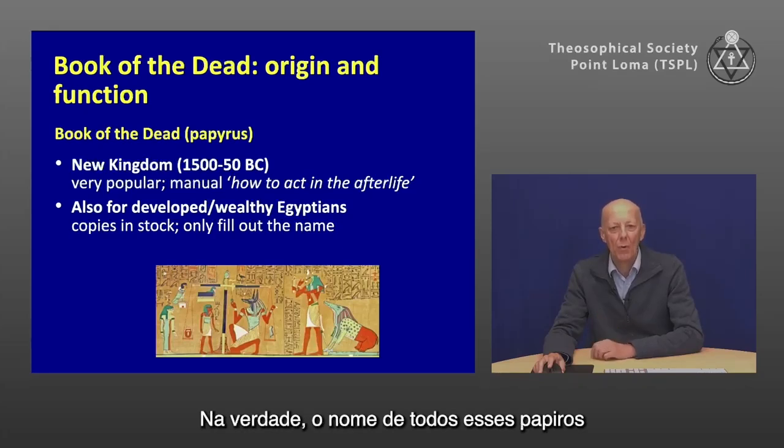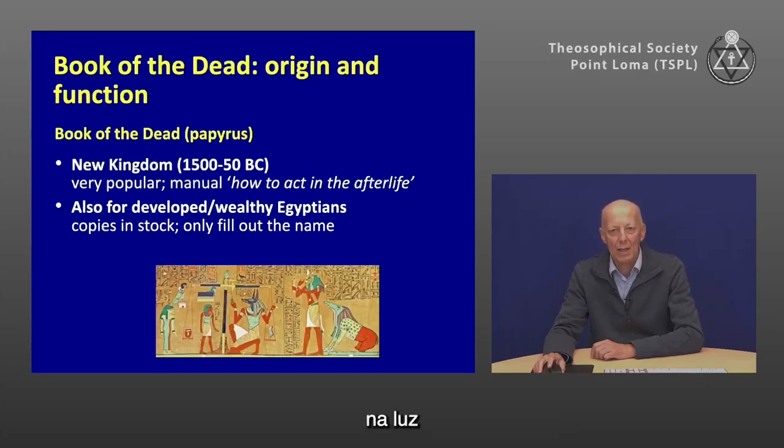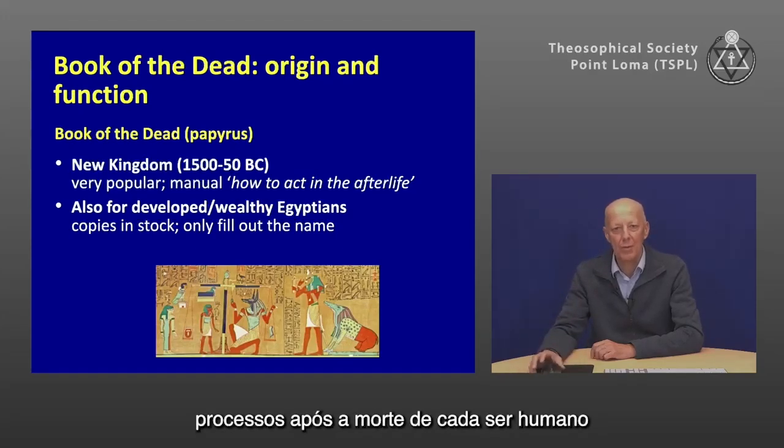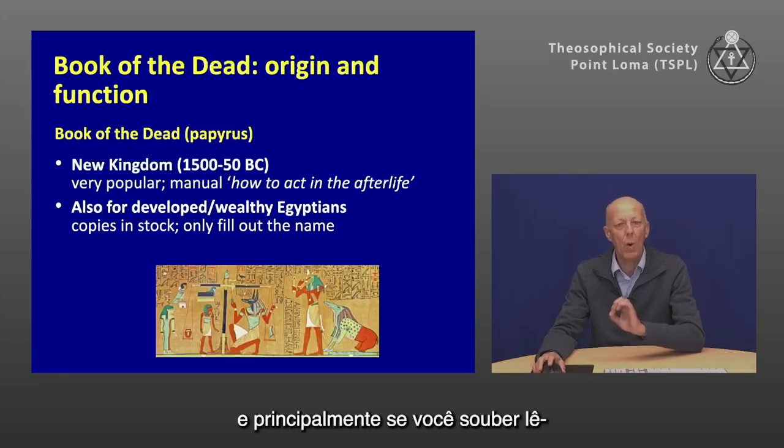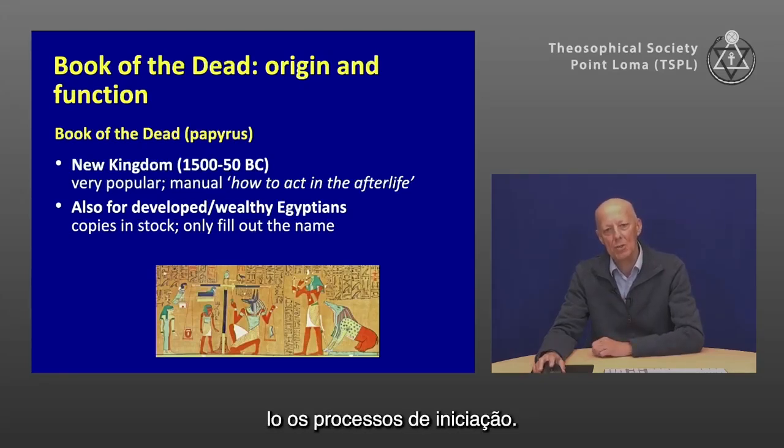The name of all these papyruses is the Coming Forth by Day, or the Entering into the Light, and it describes symbols and records of the processes after death for every human being, and especially, if you know how to read it, the processes of initiation.